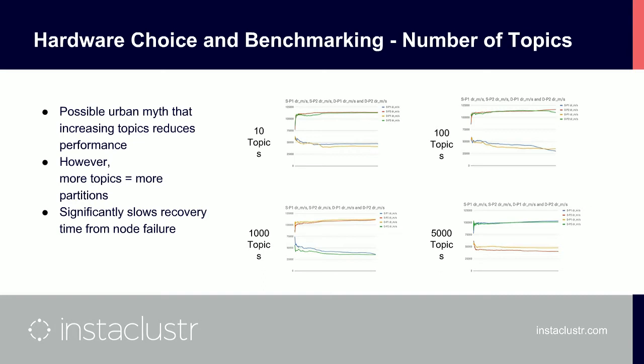Each partition that has to fail over when a node fails has to go through a master election with Zookeeper, and that can be quite slow. So although it does not reduce your throughput as far as our testing showed, we still recommend keeping topics to a reasonable number, probably less than 1,000, because of the impact on recovery time from node failure.